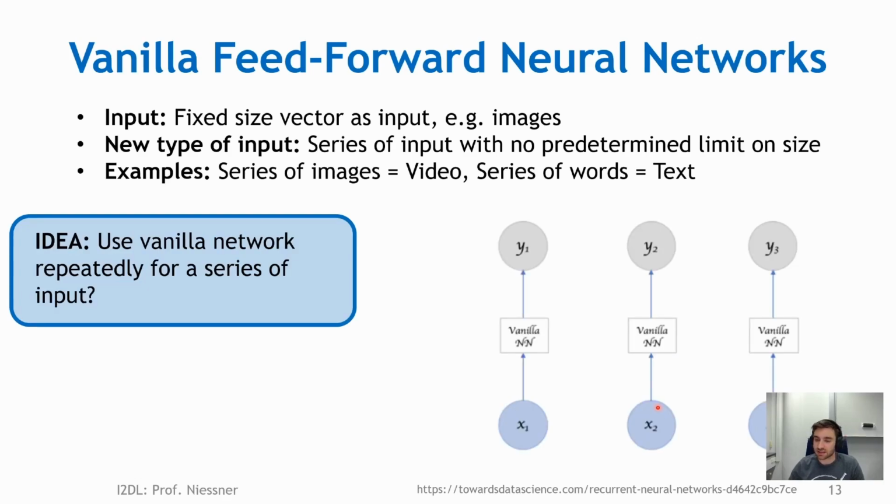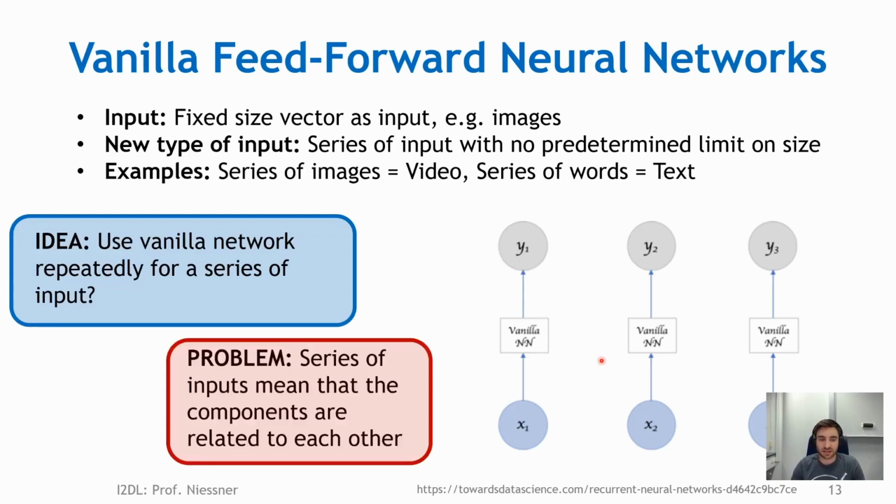And here you can see such an example. For each point in our input data, we individually apply the network itself to get an independent output. And we repeat this for all the input items.